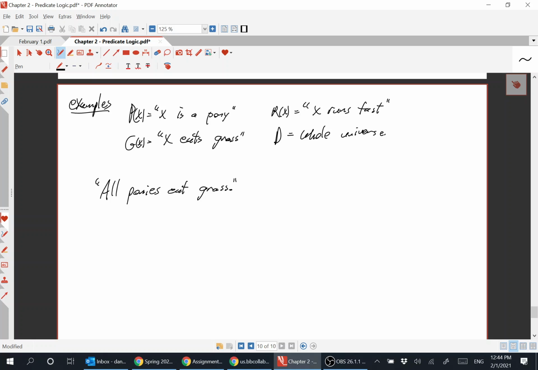All ponies eat grass. So for all x, G of x. For all x, x eats grass. Is that it?